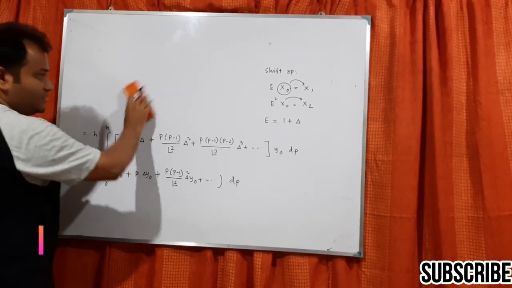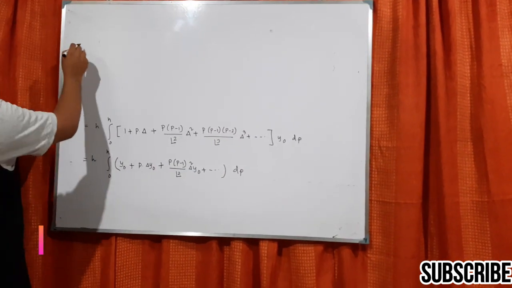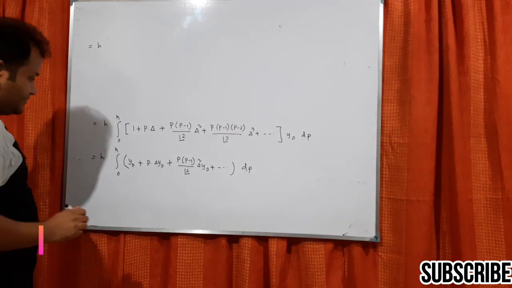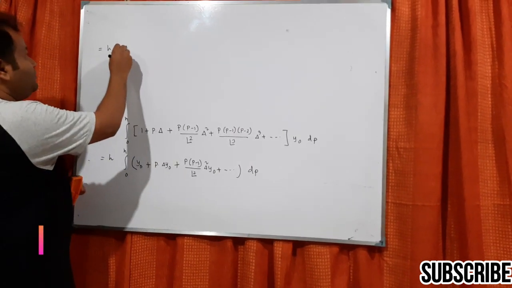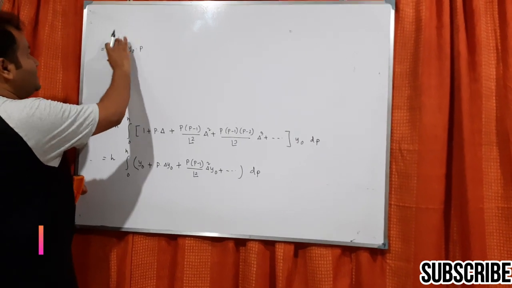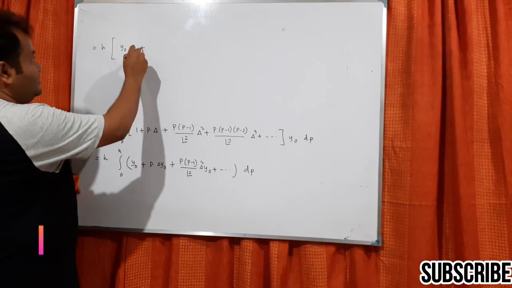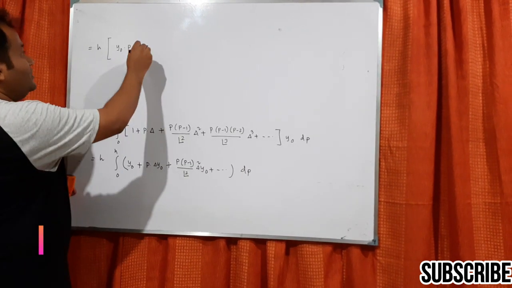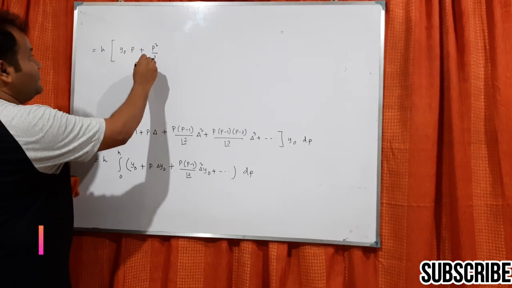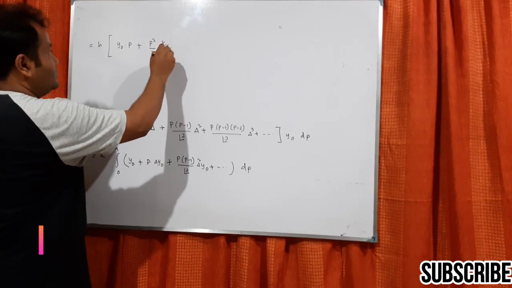So what will we get? We will get h times, now if I do the integration, y naught dp gives y naught times p, plus delta y naught is a constant, so p dp gives p square by 2 delta y naught.